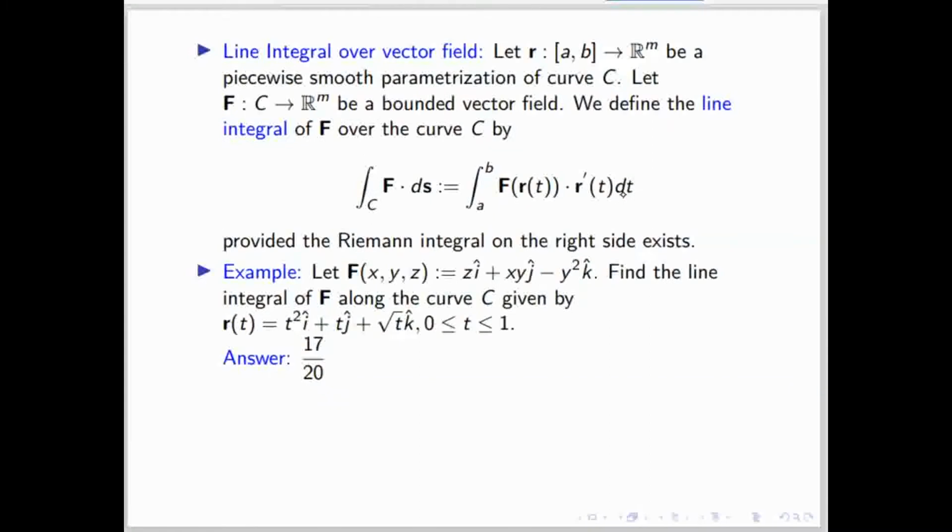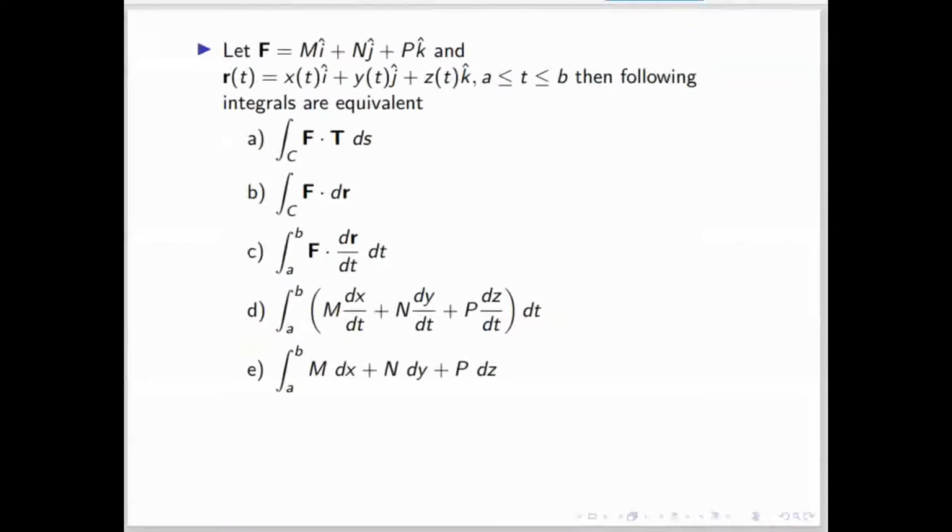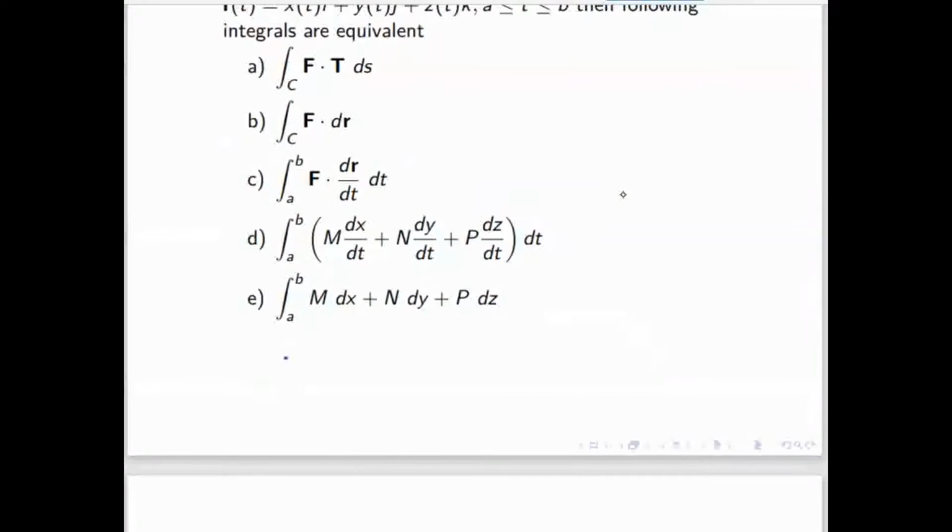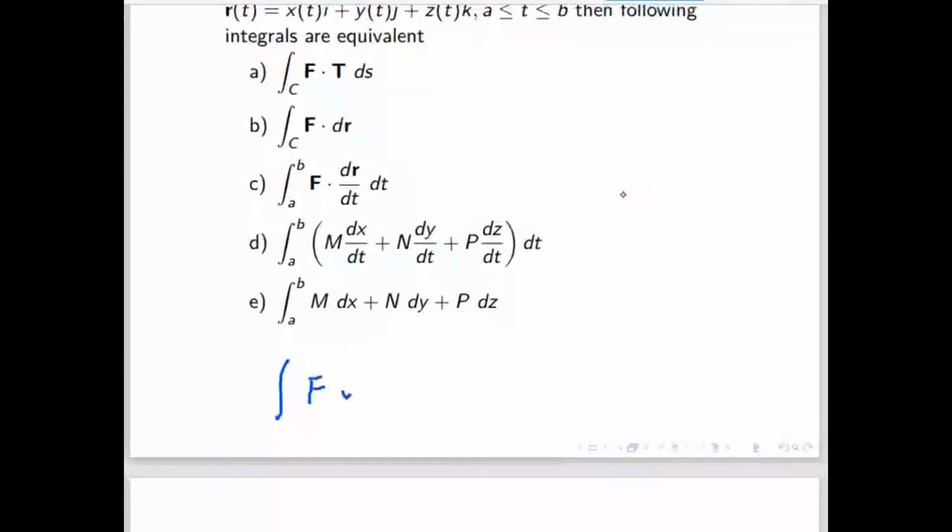It is written integral from a to b of f of r(t) dot r dash t dt, this is the value at r(t), and here r dash t dt, and this r dash t means dr by dt. So this C is the actual definition of line integral. So now we will prove from A to E one by one.